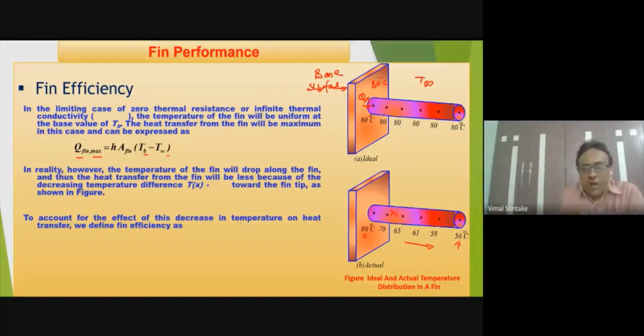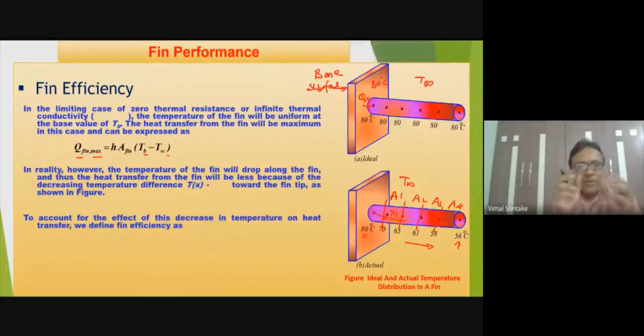So here what is happening actually, because of this finite thermal resistance and finite thermal conductivity, the temperature difference is not the same. If I consider area A1, area A2, area A3 and area A4, the temperature difference between the fin surface and the surrounding fluid will be different for area A1, for A2, for A3, for A4, A5 likewise.